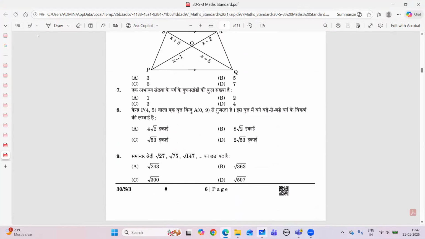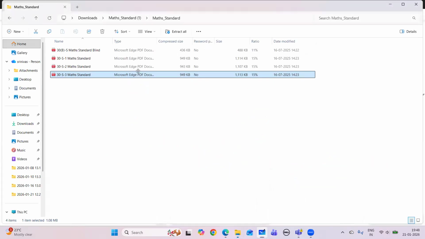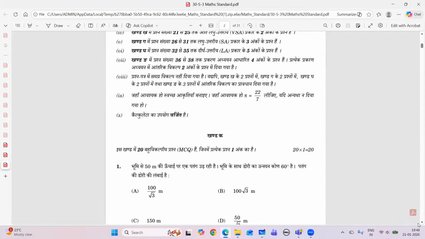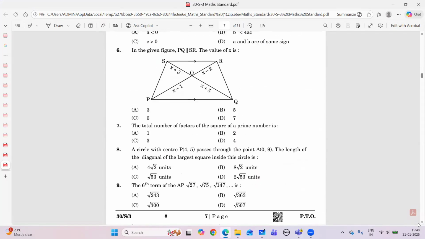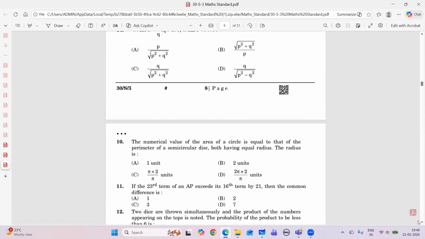This is question 9, and the answer is D. For 9, the answer is D, root 507. Let us look at the next question, that is question number 10.